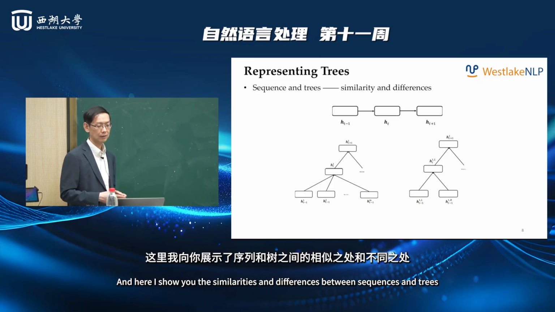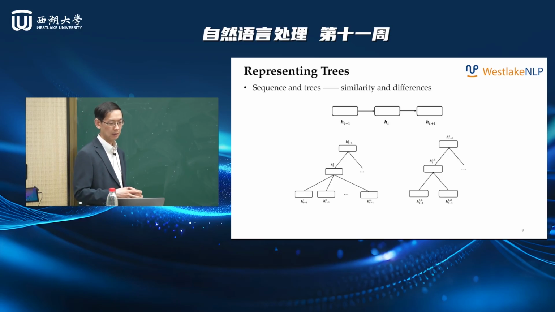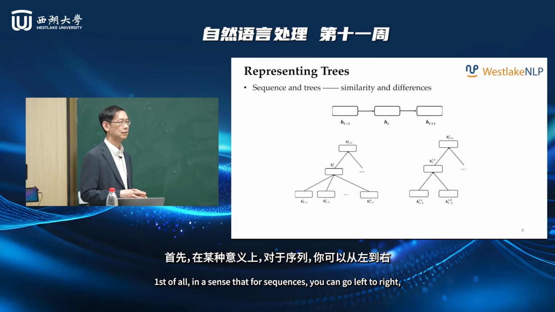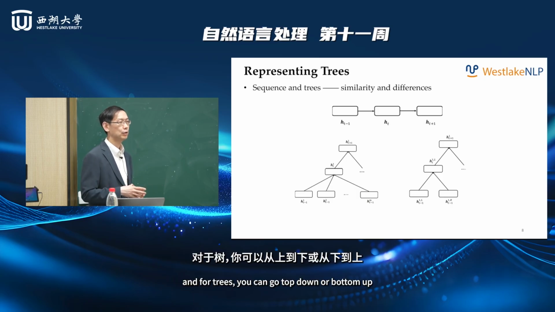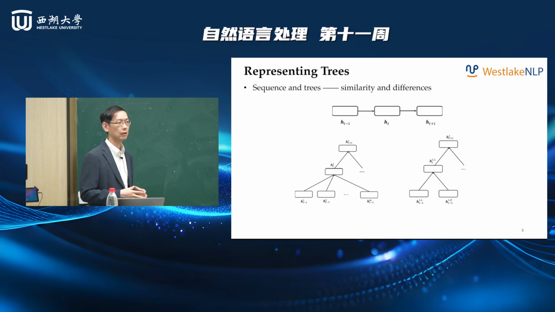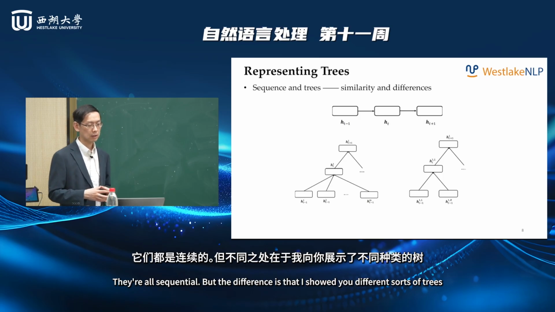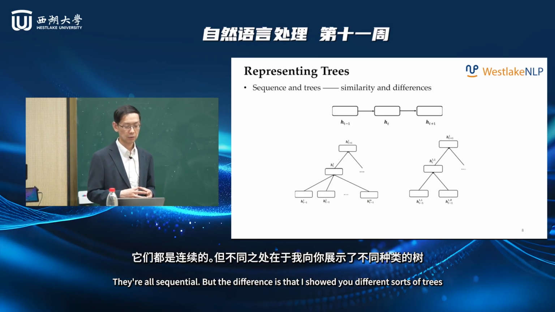And here, I show you the similarities and differences between sequences and trees. So they are all directional, first of all, in the sense that for sequences, you can go left to right, right? And for trees, you can go top down or bottom up. They're all sequential. But the difference is that I showed you different sorts of trees.